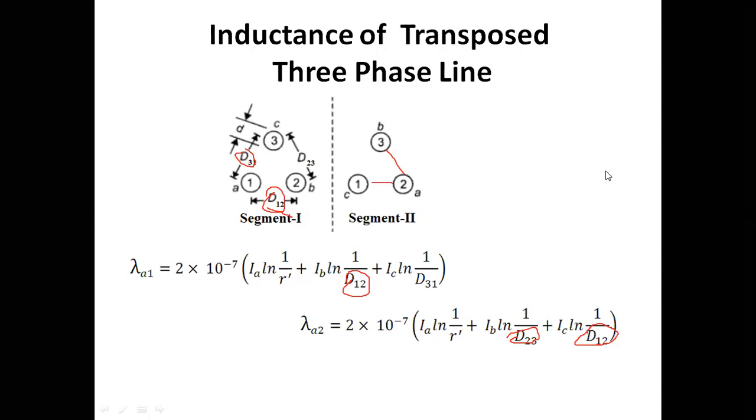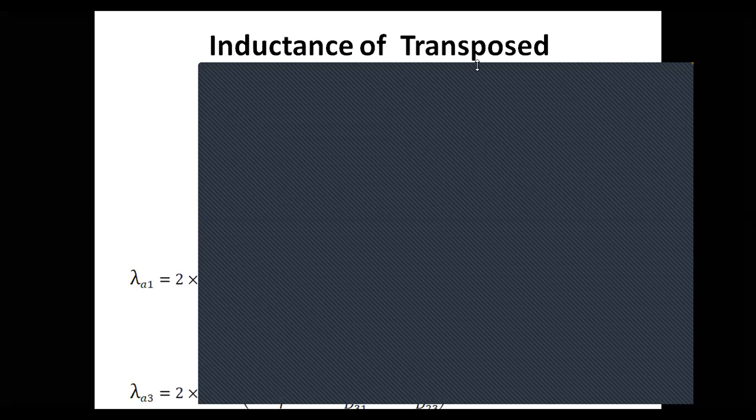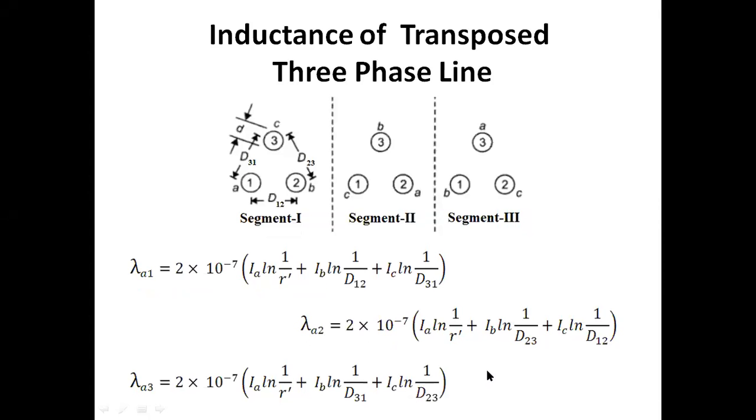In the next part, lambda in segment 3. Now A conductor comes to position number 3, so the distances will again change, and lambda A3 becomes 2 into 10 to the minus 7 IA ln 1 by R dash, which remains the same, plus IB ln 1 by D31 plus IC ln 1 by D23, because these are the new distances, D31 and D23.